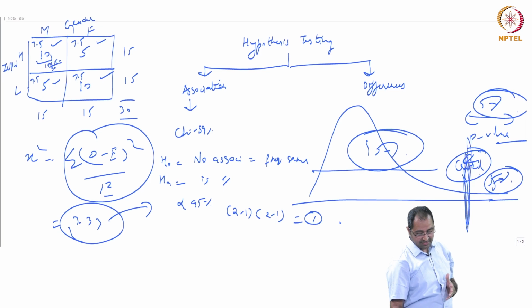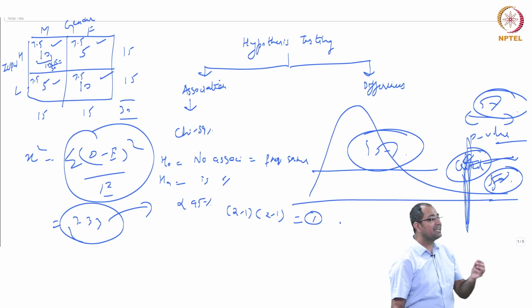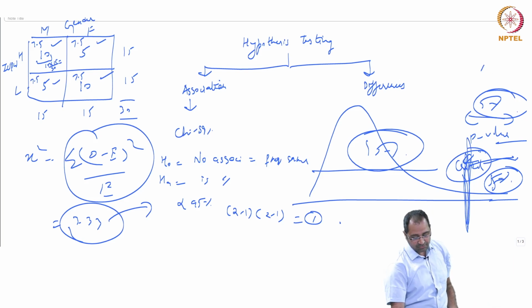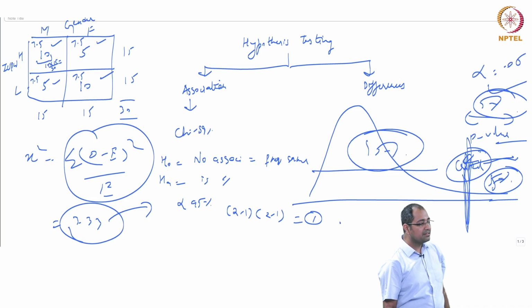Higher than the critical value, the p-value is the probability that you will select a sample that has a chi-square value greater than this critical value. That is the probability, how much probability there is. So alpha, we say alpha is 0.05, which means 5% probability, which is p equal to 0.05.